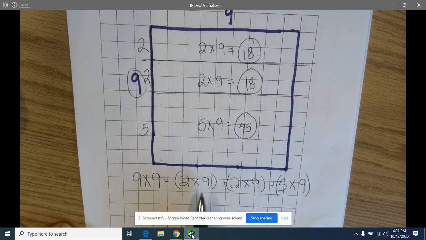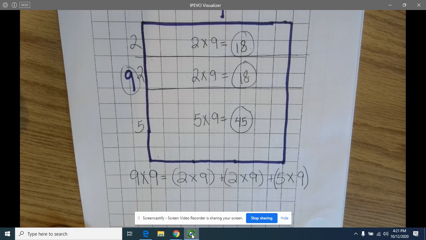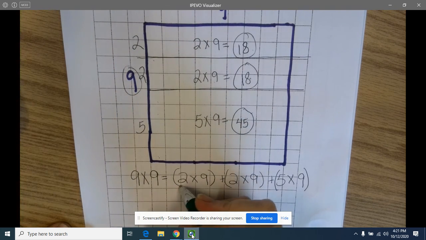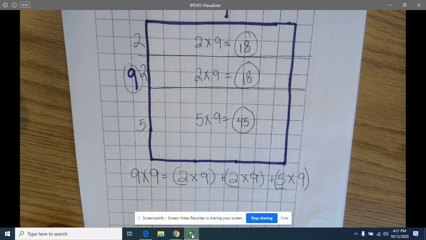I see the second 9. Where do you see the first 9? 2 plus 2 is 4. 4 plus 5 is 9. Those are our 9s.